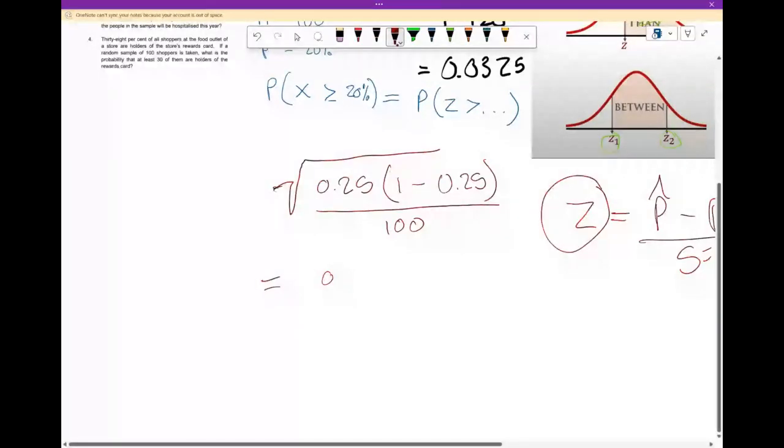In brackets, 1 minus 0.25 is obviously going to give you 0.75. So you can say 0.25 times 0.75, then divided by 100. After you solve for that, you take the square root of what you have obtained.